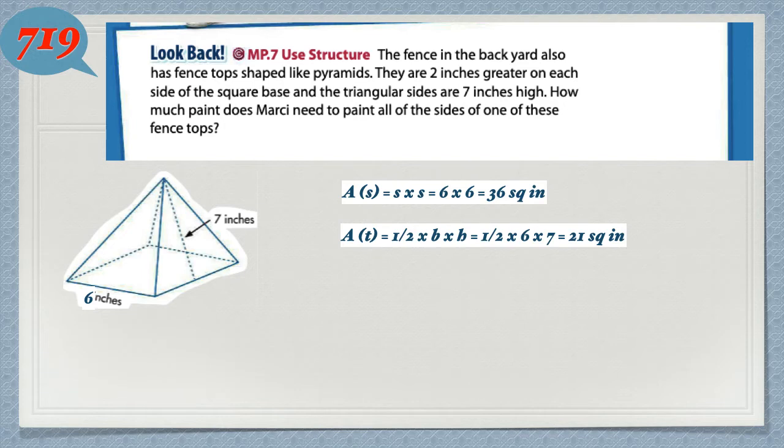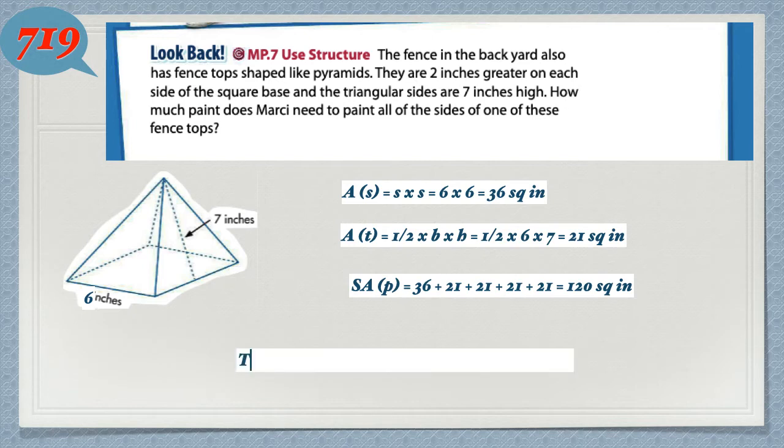And since we have 4 triangular faces, the area of the whole pyramid will be the area of the square, which is 36, plus the area of the 4 triangular faces, so that is 4 times 21. So that all in all will be equal to 120 square inches. So the surface area of the pyramid is 120 square inches.